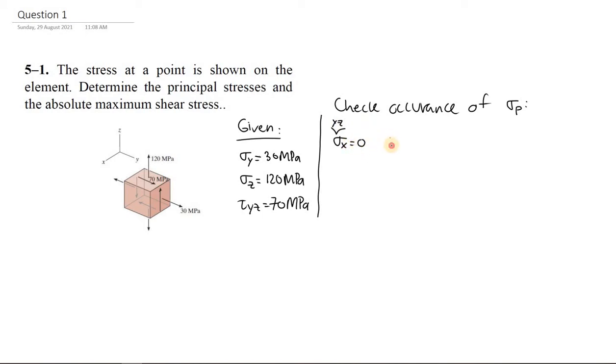My shear stress in correlation to this, the XY component, is 0. And then we want to check our shear stress in XZ as well, and it's also 0. That means because we have a normal stress and no shear stresses, this is actually a principal stress.